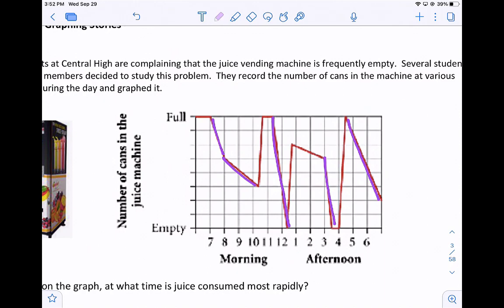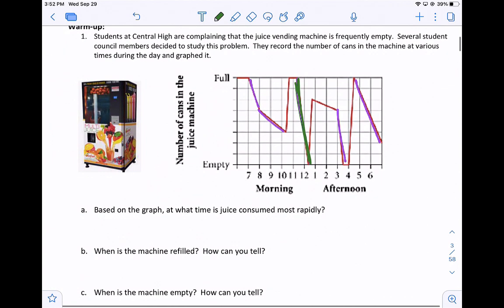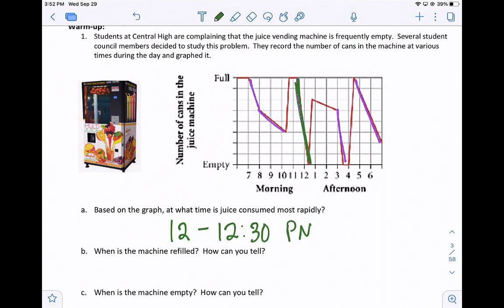And so I would probably say that might be right here in green, around lunchtime maybe, between noon and 1 or noon and 12:30 is when the machine goes from full to empty at a pretty fast rate. So I would say between noon and 12:30 p.m. And again, probably because it's lunchtime.